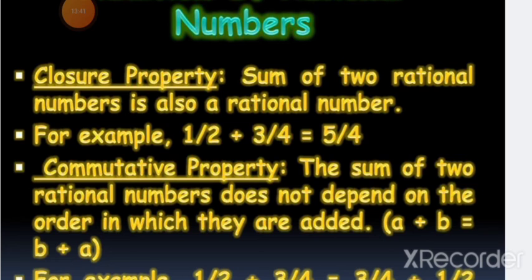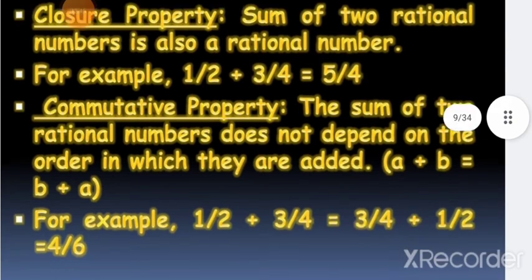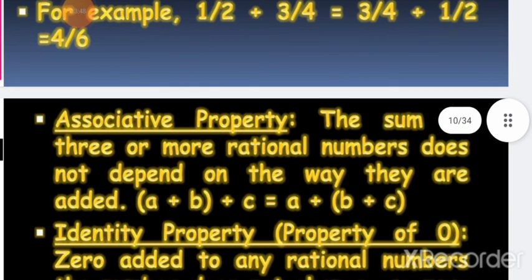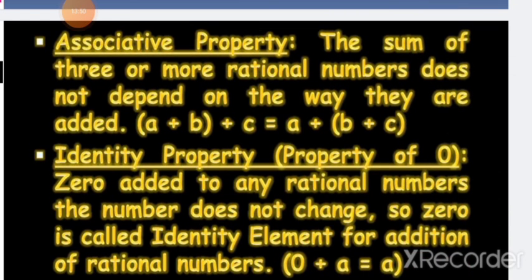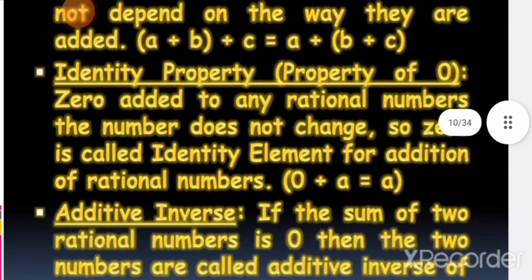Closure property is fulfilled for addition, commutative property is fulfilled for addition, and associative property is also fulfilled for addition. Additive identity means if any number is added to 0, the result will be the same number. And last is the additive inverse.